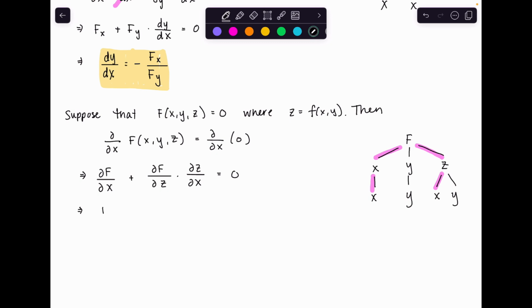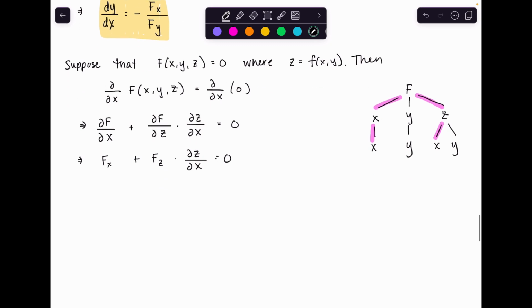And again, making these nicer notations, this is f sub x, this is f sub z, and then this is that thing I'm looking for in implicit differentiation. So just going through and solving for the partial of z with respect to x, again, you would subtract f sub x, and then you would divide by f sub z. So we get a much nicer formula to work with.